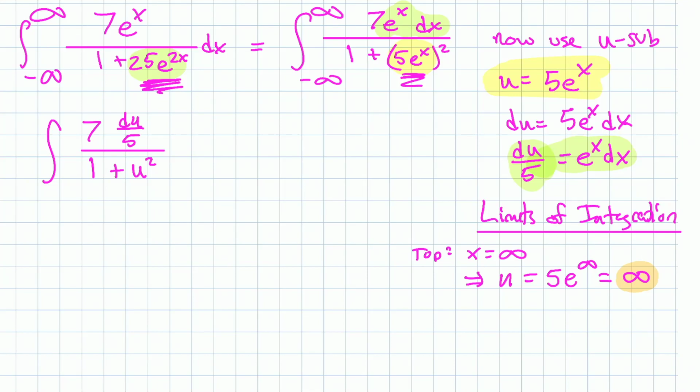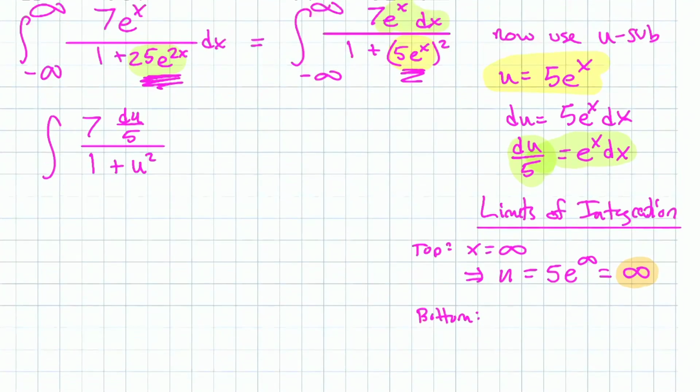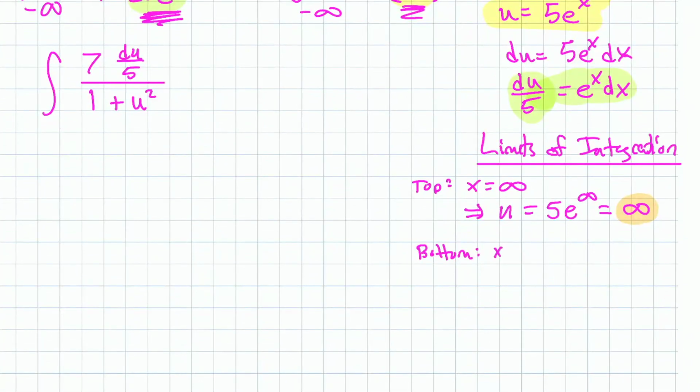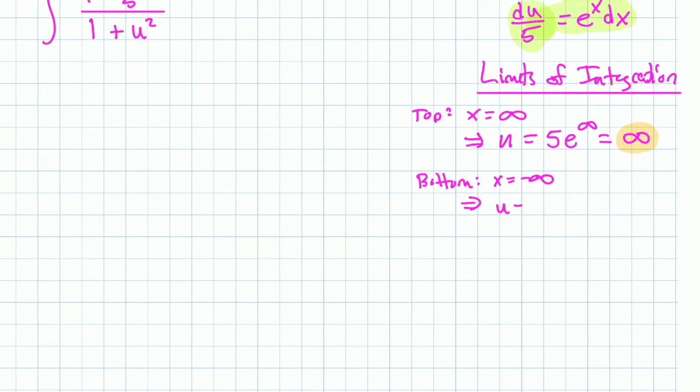Now the bottom limit was negative infinity. So if you plug that into u, you get u equals 5e to the negative infinity, which you need to recognize is 5 over e to the infinity. What's that? Well, we talked about that. 5 over infinity is going to be 0.